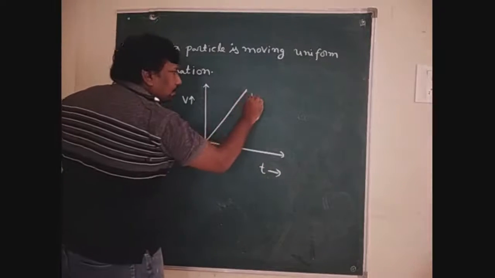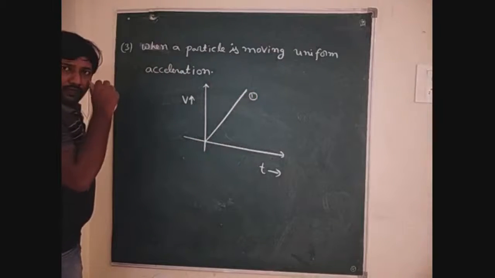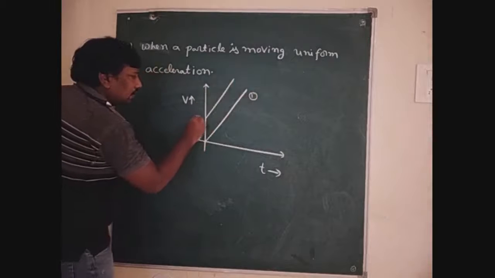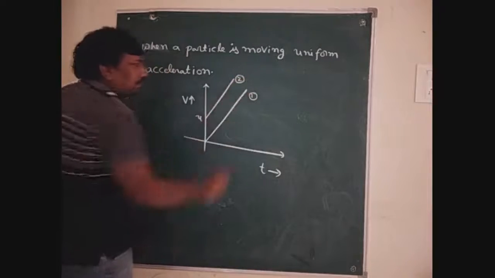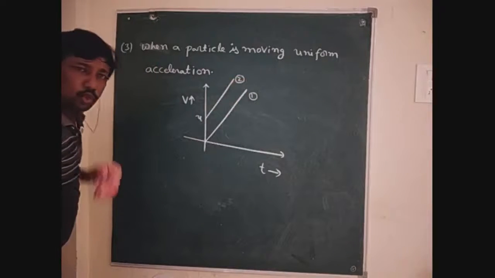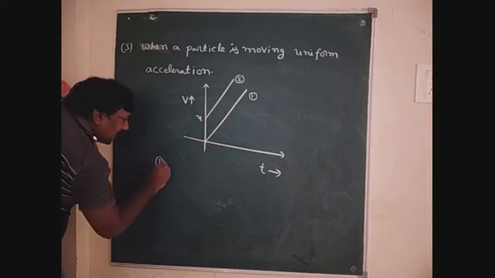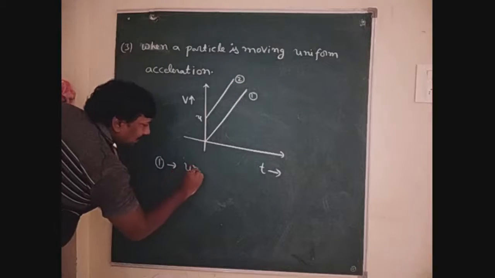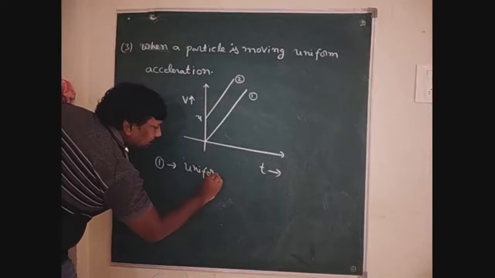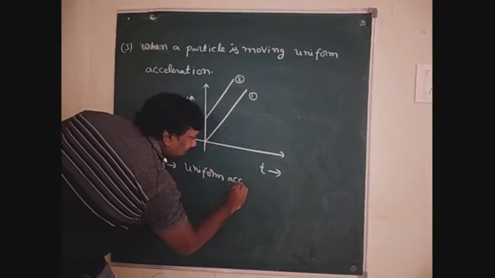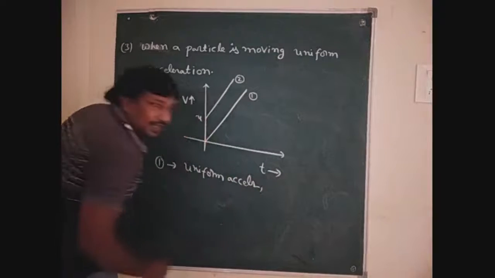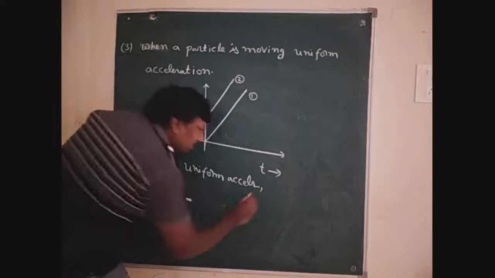So this is the first line. Another one is the second line, this way. Here, of these two lines, the first line is represented by uniform acceleration when a particle is starting from rest.